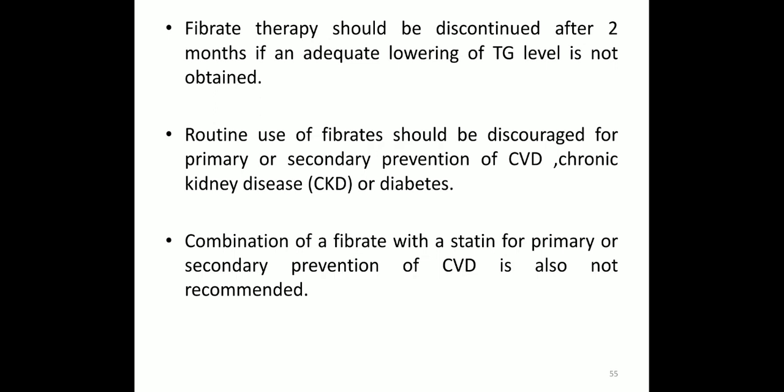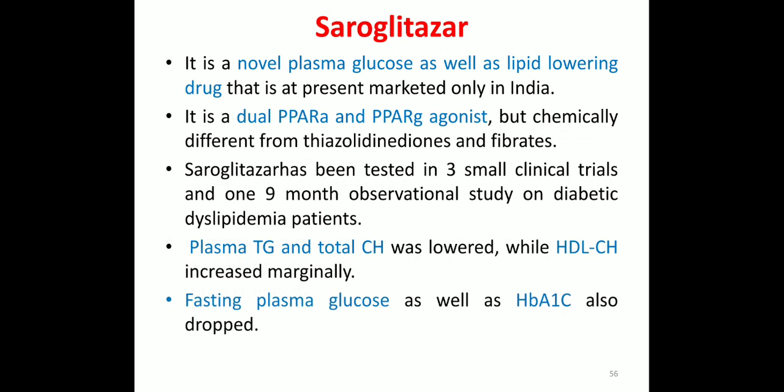Routine use of fibrate should be discouraged for the primary or secondary prevention of cardiovascular disease, chronic kidney disease or diabetes. For the prevention, fibrate should not be prescribed. Combination of fibrate with statin for the primary or secondary prevention of CVD is also not recommended. So ultimately it is used for treatment, not for prevention.